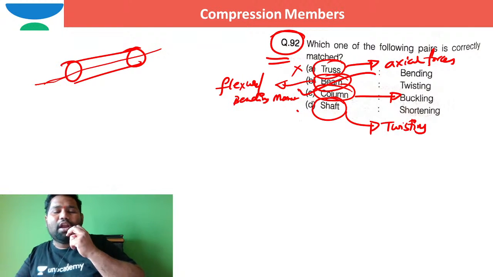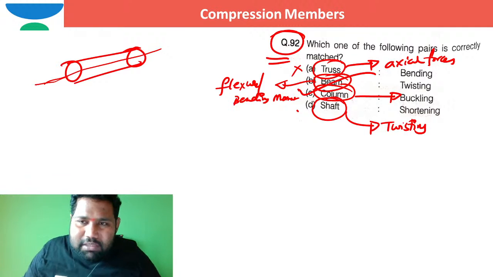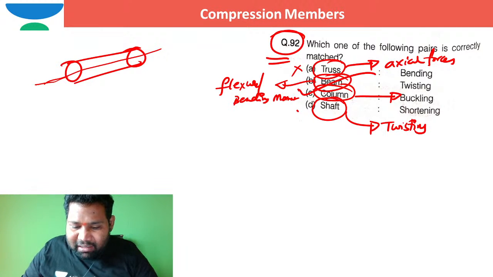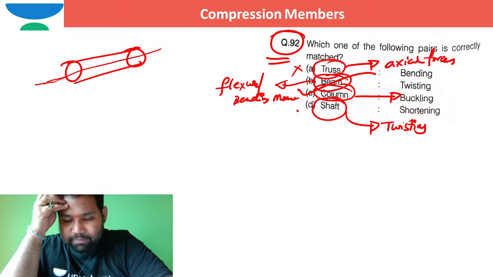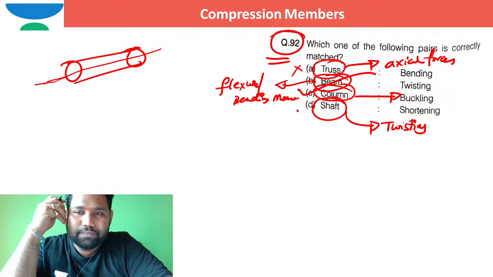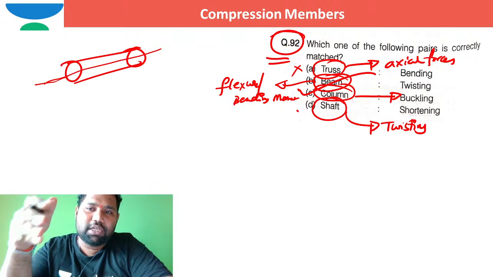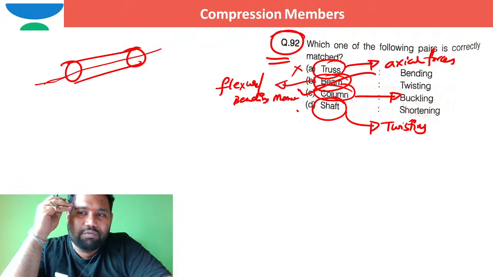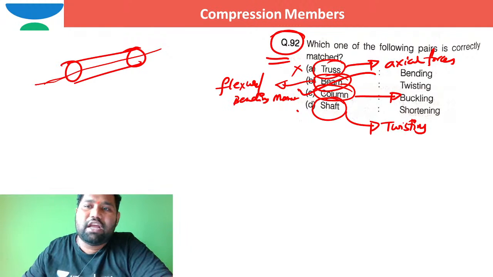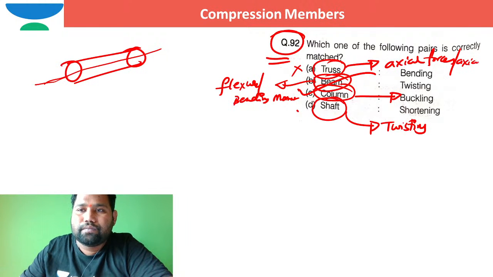For a column, the mode of failure is buckling action. Is that okay? The option is C. Is that okay, brother? The correct option is C, whereas the remaining options were given as wrong options. In truss, axial forces are dominant, or axial deformation is possible.